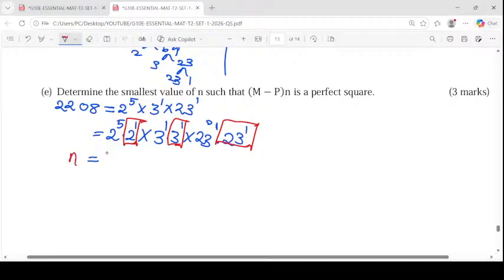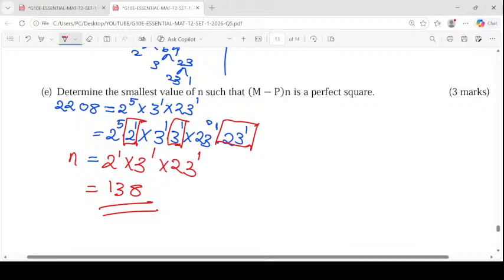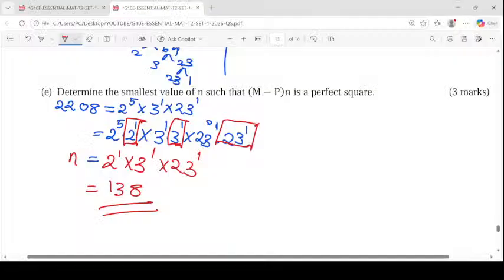My new number n will be given by 2 power 1 multiplied by 3 power 1 multiplied by 23 to the power of 1. So this becomes 138. That is how you relate it, ladies and gentlemen.